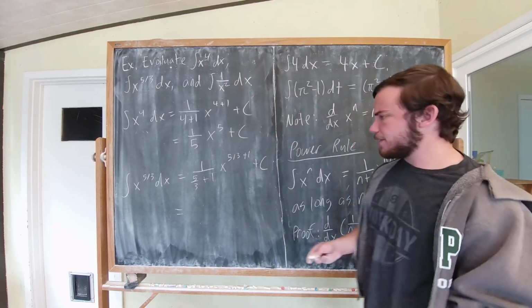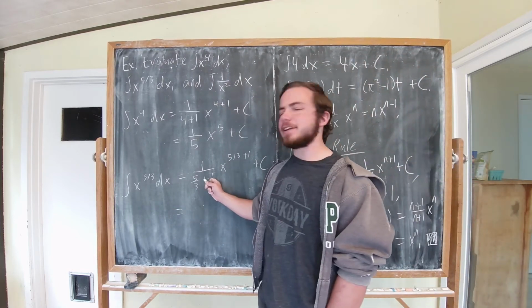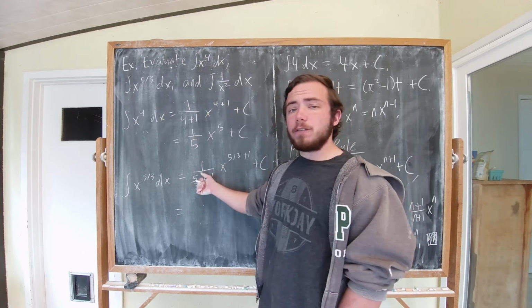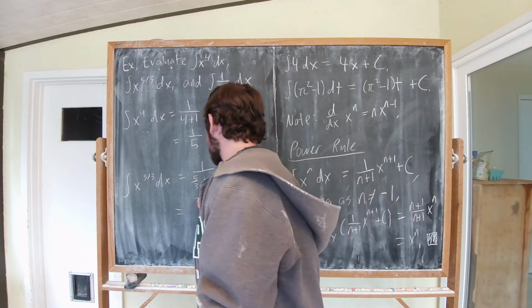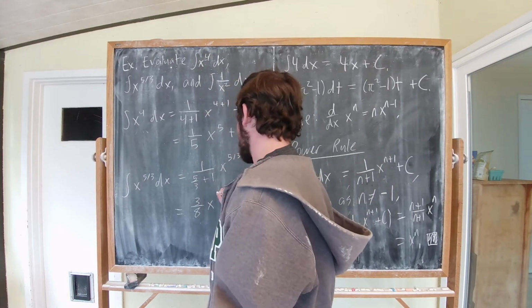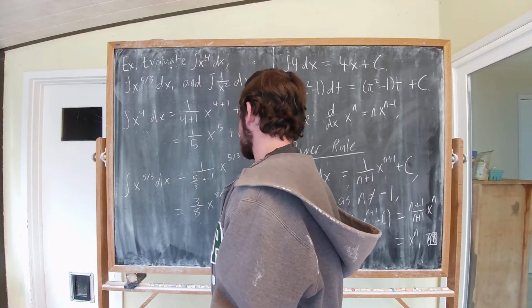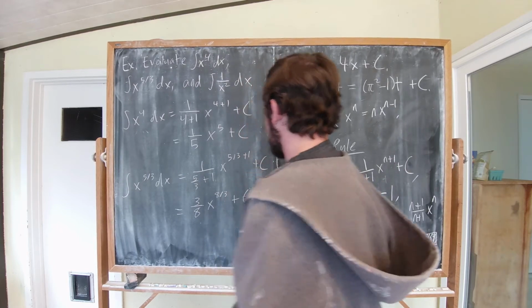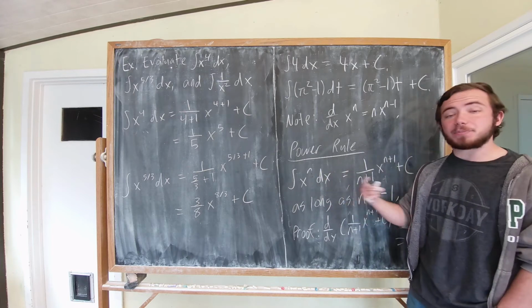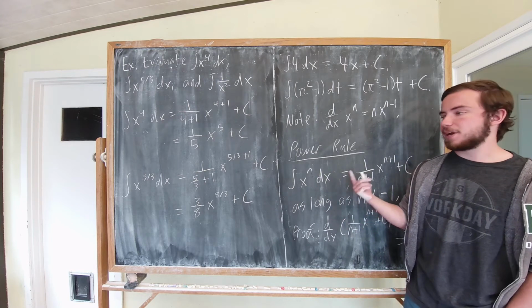Run that through. 5/3 plus 1 is 5/3 plus 3/3, aka 8/3. 1 over 8/3 is 3/8. And this will be x to the 8/3 plus c.